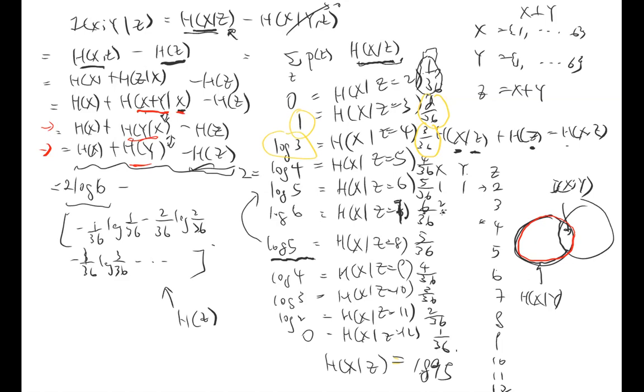So I'm happy about that. So if I compute this one here, yeah, this is equal to 3.27 something if you compute the H(Z) there. If you subtract these two, you should get the same value, 1.895. So any questions here?